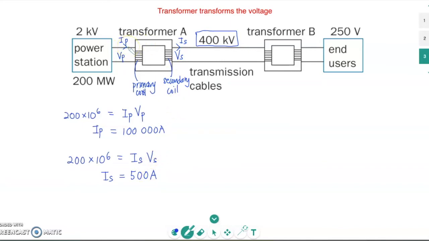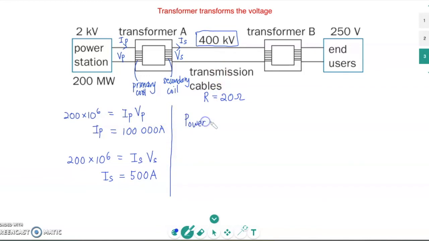Therefore, the heating effect when the current flows through the transmission cable will be way lower. Just imagine the total resistance of the transmission cable is 20 ohms, just a small number. If the current flowing in the transmission cable is 100,000 ampere, how much will be the power loss?